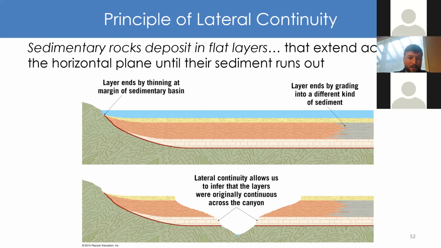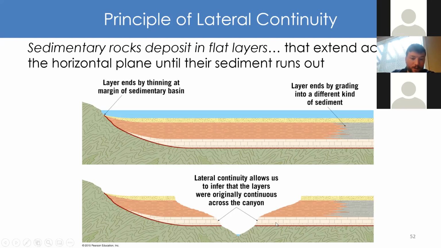But what we can do is, knowing that lateral continuity exists and knowing that the rocks haven't been folded yet, we know that the rocks on the left side correlate to the same types of rocks on the right side of the river. So that enables us to figure out which came first, which layer.